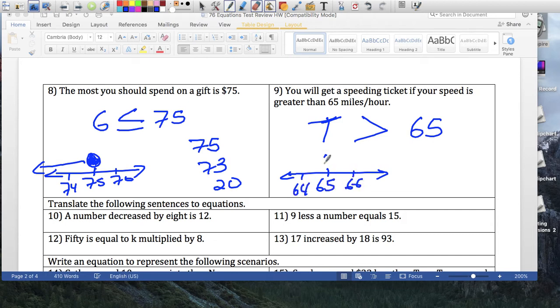So it's going to be unshaded because at 65 I don't get a ticket, but the moment it hits anything above 65 I get a ticket. So 65.1, although that's probably not going to happen, theoretically gets you a ticket. 70, 80 will definitely get you a ticket. So there are my three values.